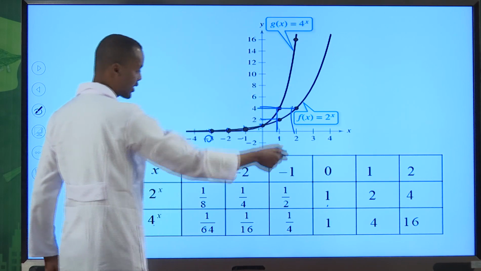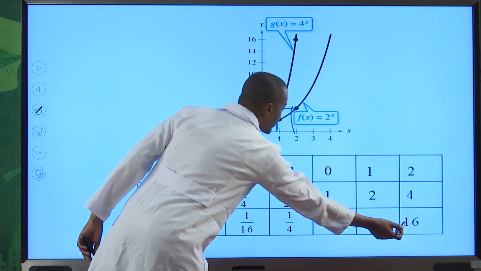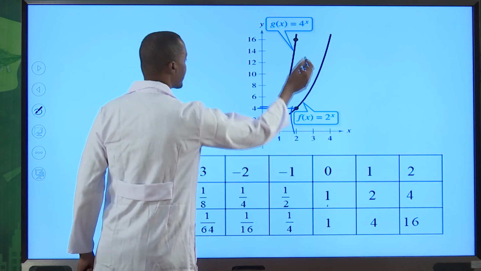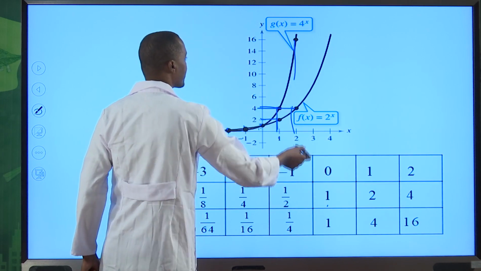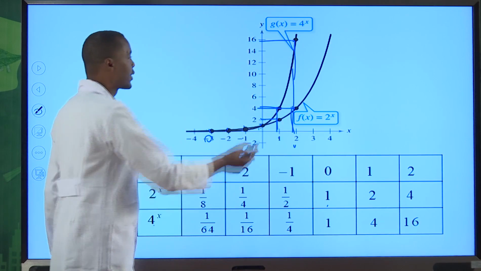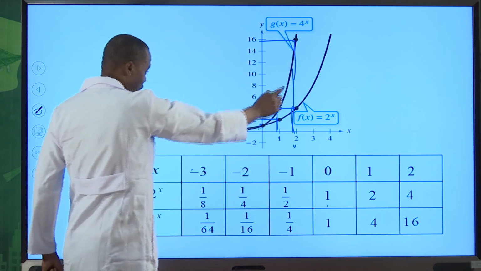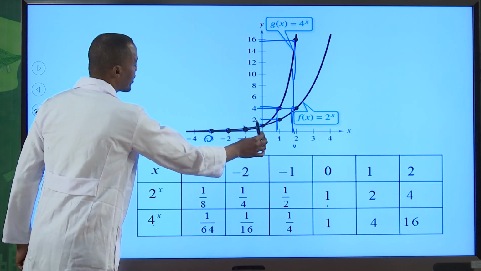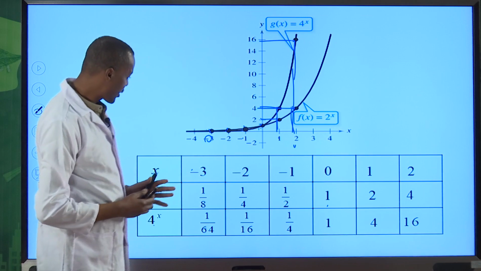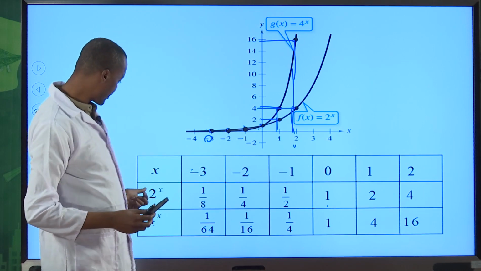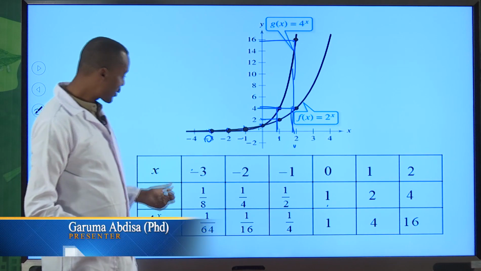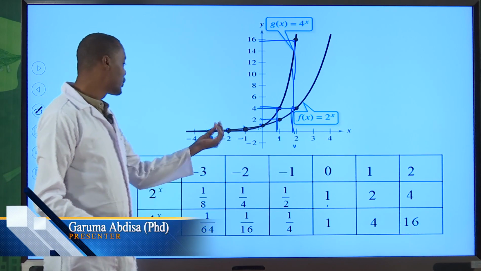We have to look at this curve. If I choose 2, that is 16. That will be this point, 2 and 16. So when we directly connect those points, for the left side of the origin, the points coming from both the upper function, that is 2 to the power of x, and the lower one in our table, that is 4 to the power of x, are a little bit indistinguishable.